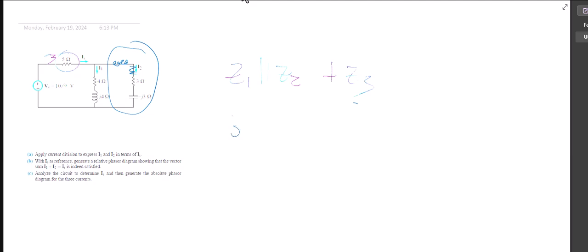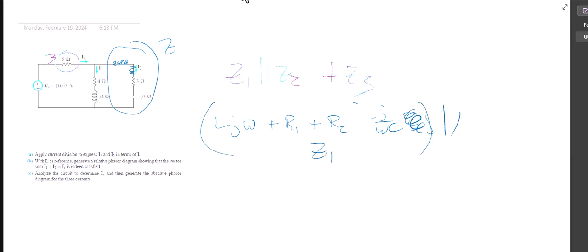So the inductor is j omega L, the resistor is just going to be its value, whatever it is, and then the capacitor is going to be minus j over omega C. What I have circled there would be Z2, and it would be in parallel with Z1, and then all of that would be in series with Z3.